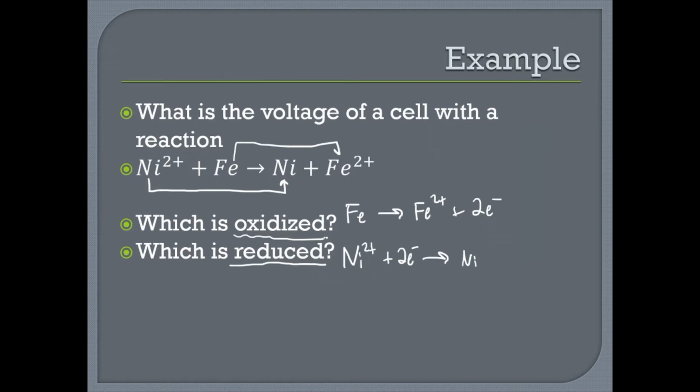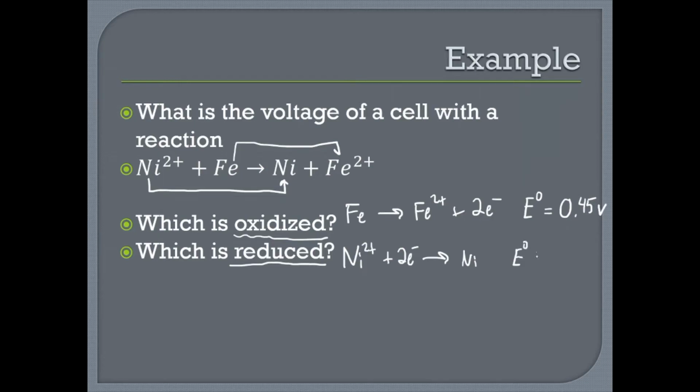Now we can reference our table of standard reduction potentials to figure out just how much voltage this cell has. So here, our standard reduction potential is normally negative 0.45 for the forward reaction, but since this is the oxidation and it's the reverse reaction, this will have a voltage of 0.45 volts.